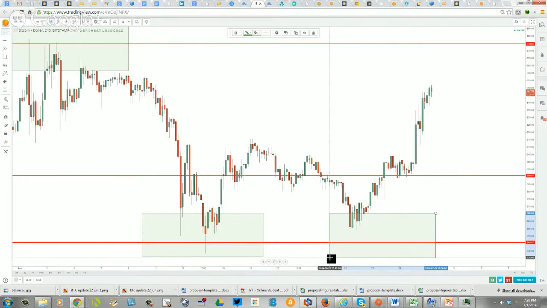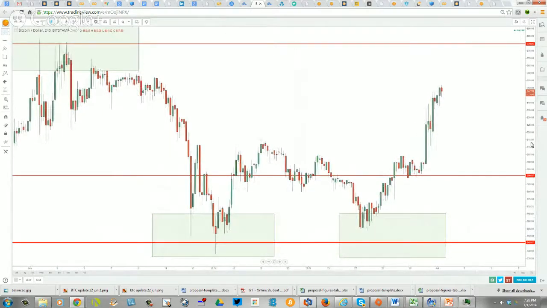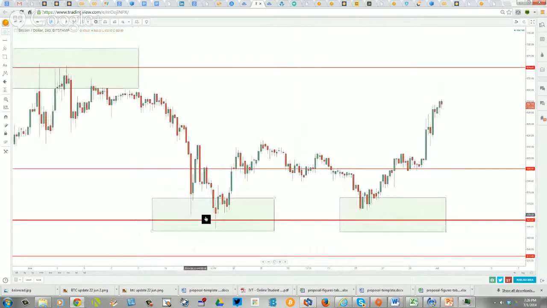Now, so here we are, and 540 has held, and off we go to the races, and anyone who came in at 540 has got a great trader's equation. What I mean by that is, let's say they put their buy order right on 540, where they endured about $2 of heat, which in Bitcoin is tiny.